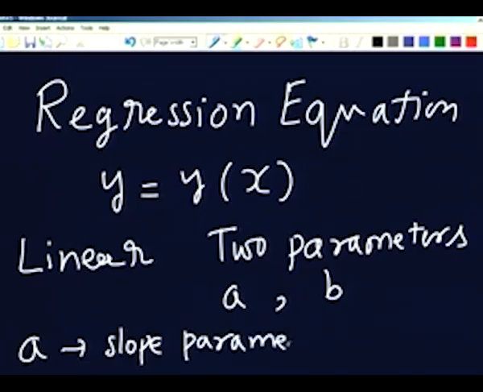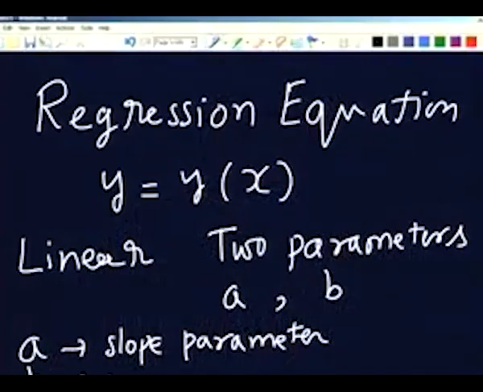I am calling it the slope parameter because a itself may be a slope, or if I am using log, a may become something else. b is an intercept parameter.